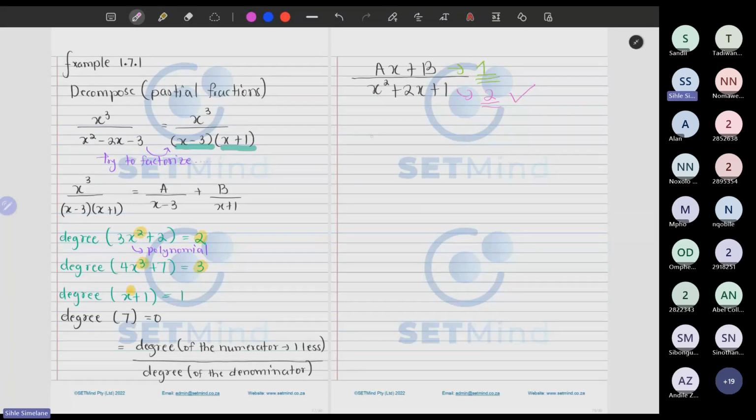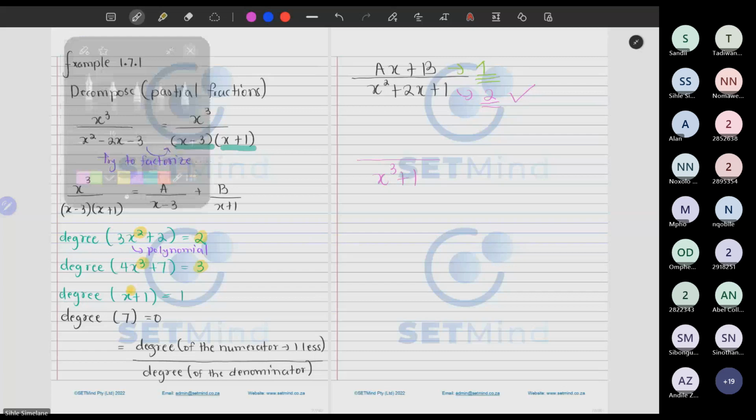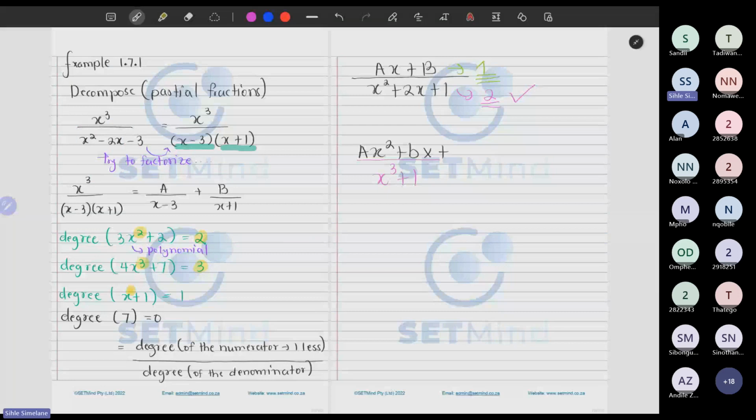And then let me come at you and say, if I have x cubed plus 1, and I'm doing partial fractions, what should be on my numerator? Ax squared plus bx plus c. On point, because the degree of the denominator should be 1 more than the degree of the numerator.